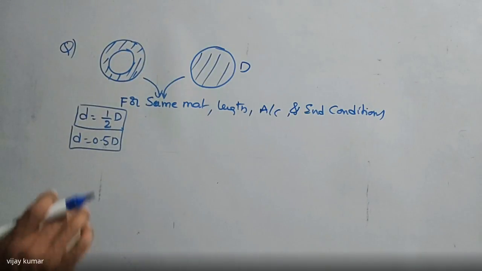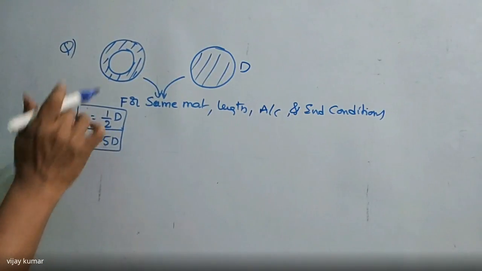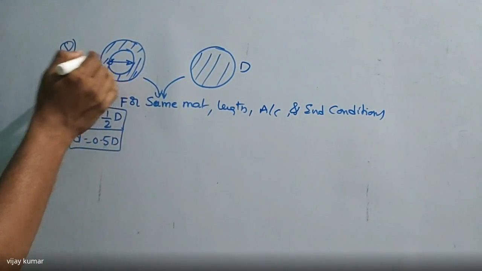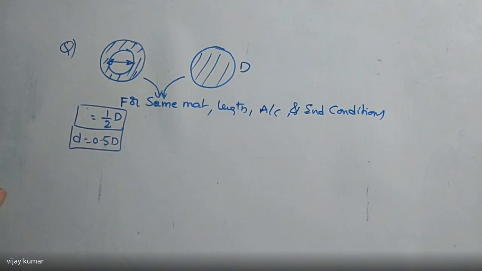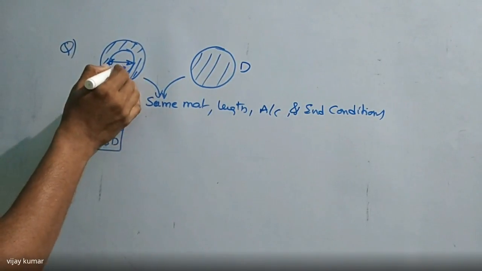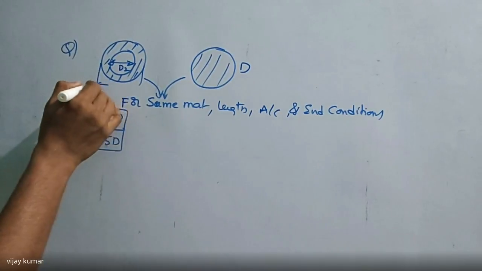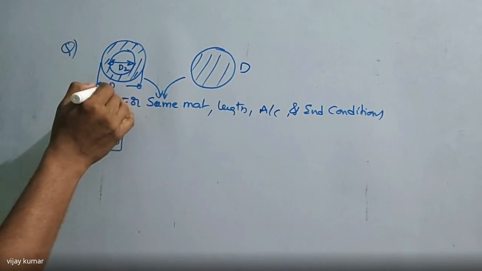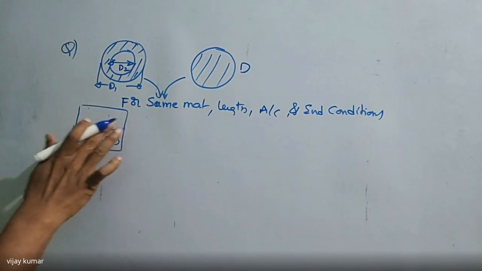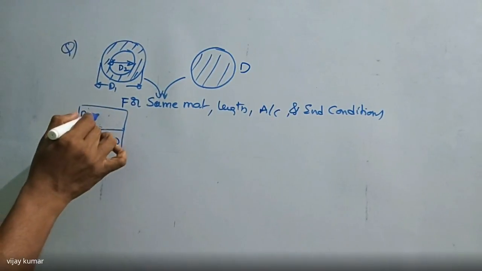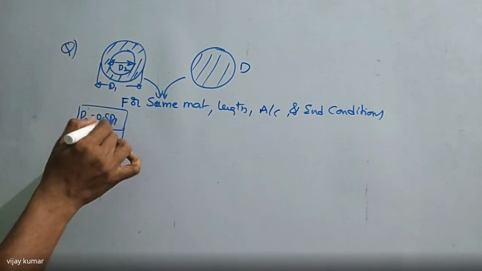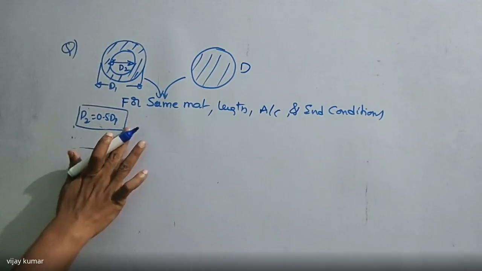So here, this internal diameter is D2. This external diameter I am taking as D1. So here D2 is equal to 0.5 times of D1. So take those conditions here.